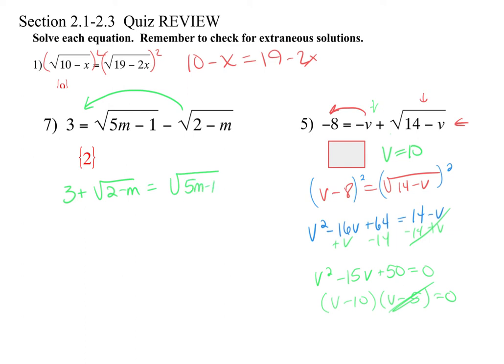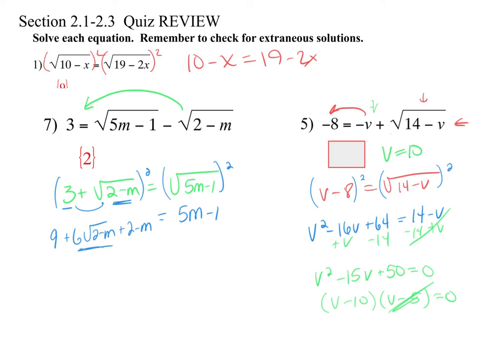Square both sides. Right-hand side is the easy one here. This just gets rid of your radical. Over here, it's a perfect square. So you're going to square your 3. You're going to multiply these and double it. And then this guy just cancels out. Right? And so now we want to get this radical by itself.